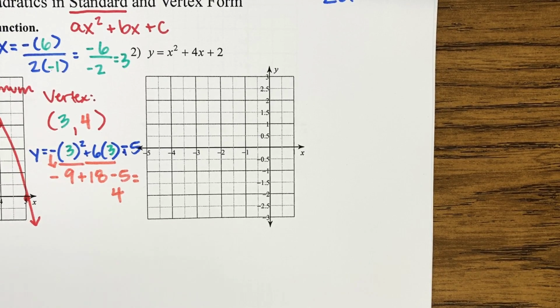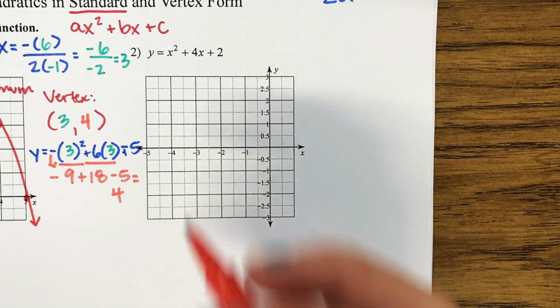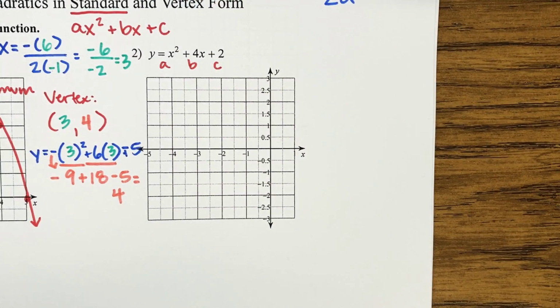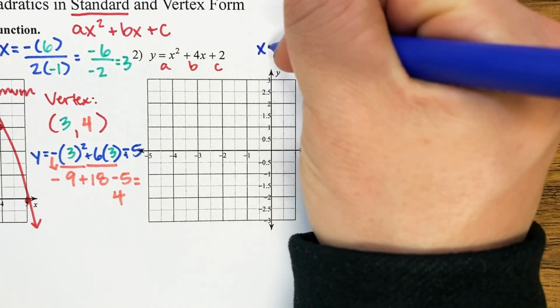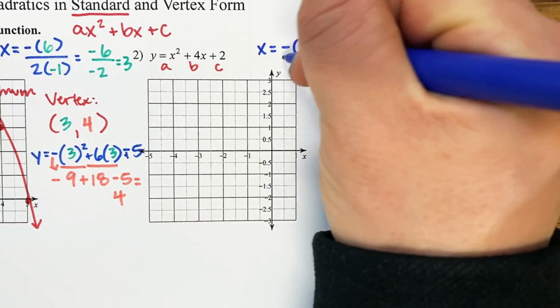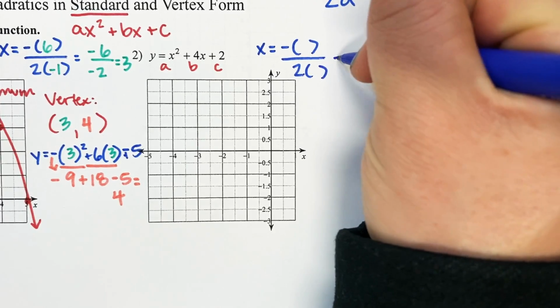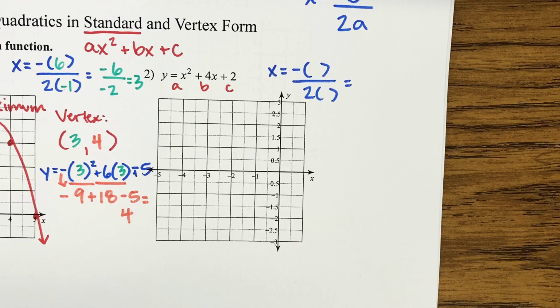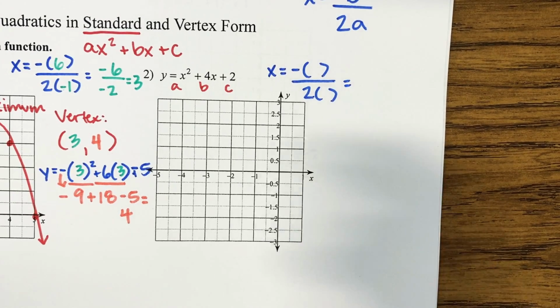First we need to identify a, b, and c in standard form. Then we need to plug it into our mini formula, x equals negative b over 2 times a, and figure out what this is. b needs to be plugged in on top.